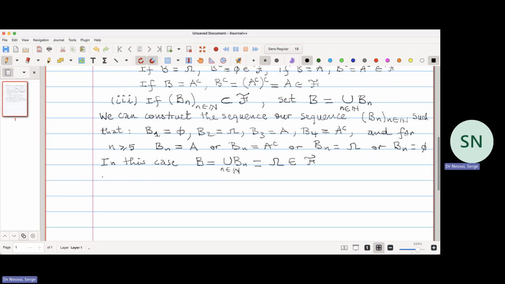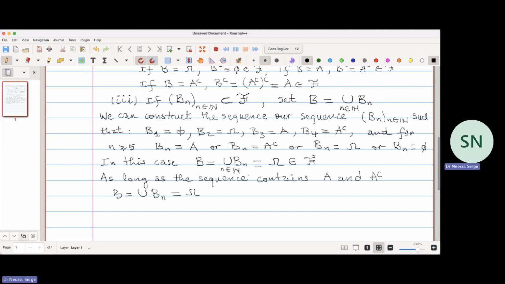So we can say here that as long as the sequence contains A and A complement, B, which is the union of the Bn, will always give us omega.